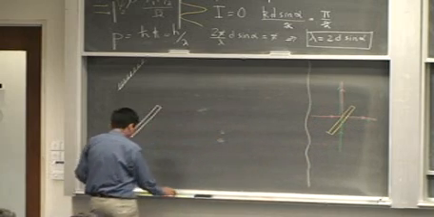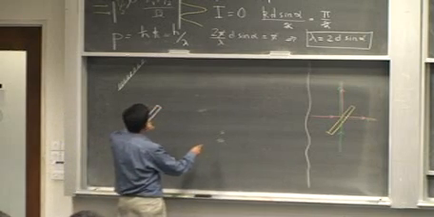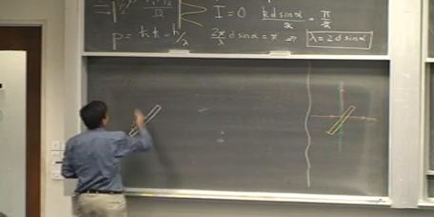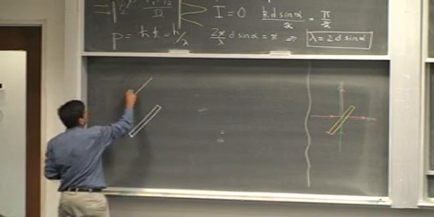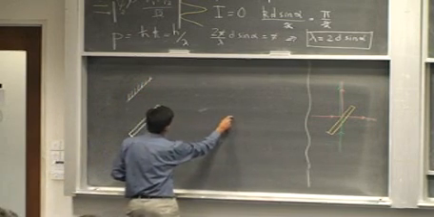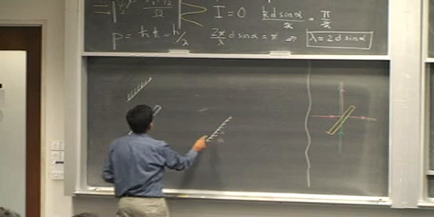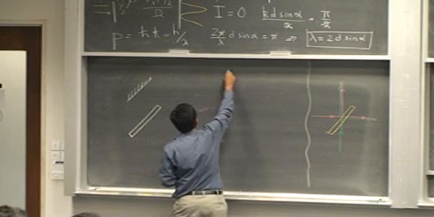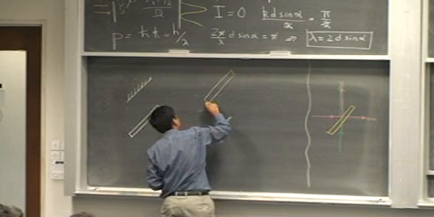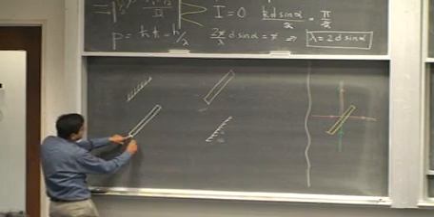Now I'm going to draw an experimental arrangement which looks like this. Now this is beam splitter 1.